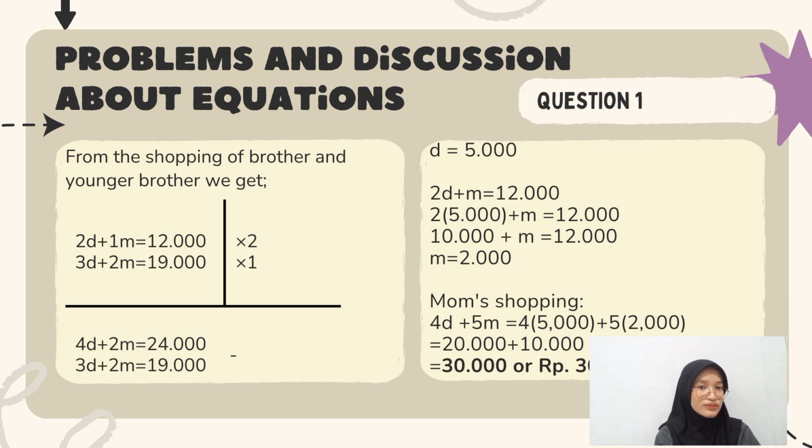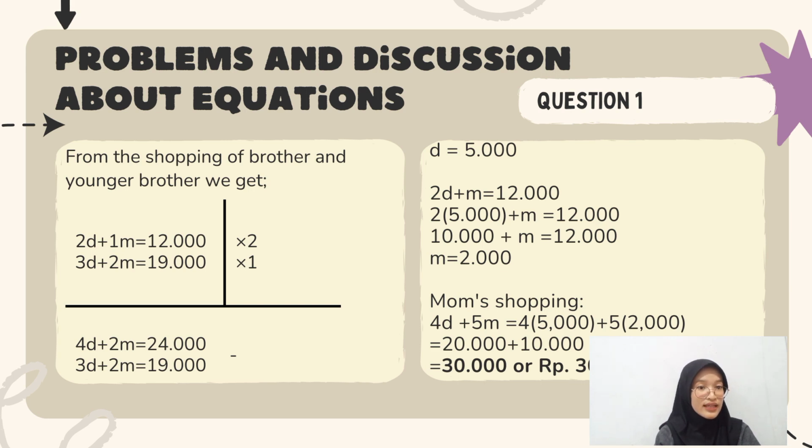So we get 4D plus 2M equals 24,000 and 3D plus 2M equals 19,000. By eliminating or subtracting the equations above, we get D equals 5,000.